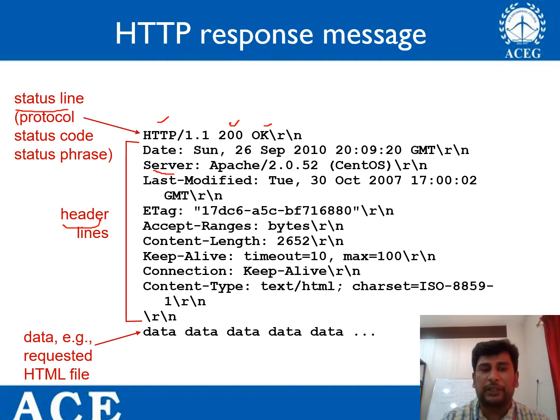Then when the content of the requested object was modified is mentioned by Last-Modified, and then you have the accept ranges and the content length, which is the total length of the object you have requested to be transmitted. Then we will also have the remaining important elements, and finally the data being requested in that particular object.